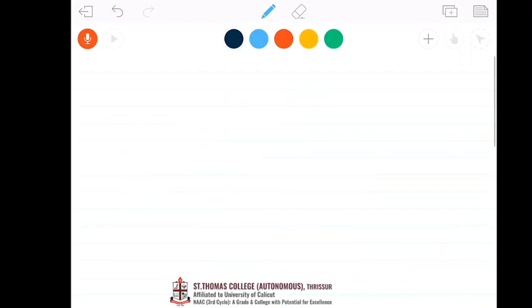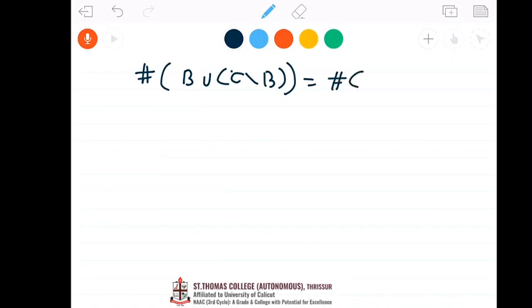Therefore, by first part of the theorem, number of elements in B union C minus B is equal to number of elements in B plus number of elements in C minus B. What is B union C minus B?